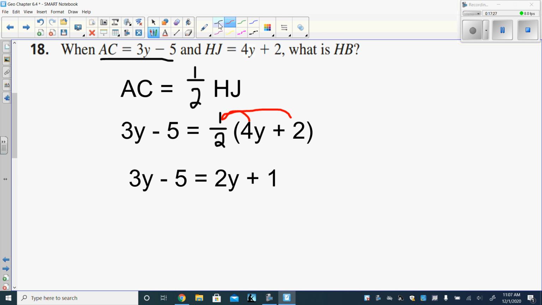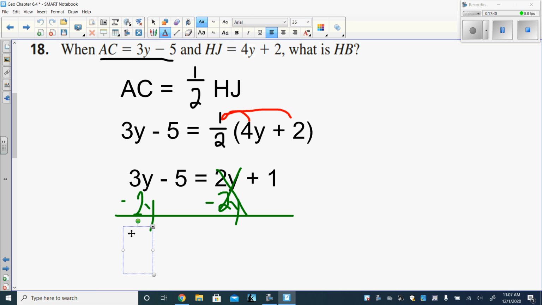Now the next thing I need to do is solve for the value of y. So I'm going to get y's on the same side. I'm going to subtract 2y from both sides, because 2y minus 2y will cancel. And 3y minus 2y will leave us with just 1y. So we have y minus 5 on one side is equal to 1.